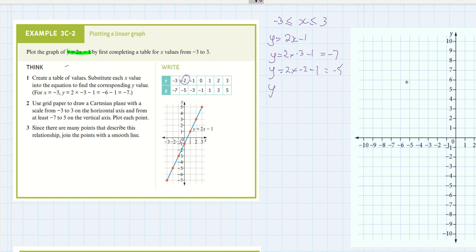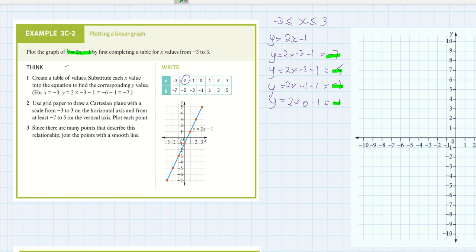The next one is y equals 2 times -1, take 1. Well, 2 times -1 is -2, take 1 is -3. Y equals 2 times 0, which is 0, take 1, which is -1. Now, you can see that we have a common difference. So it's going up by 2 each time.